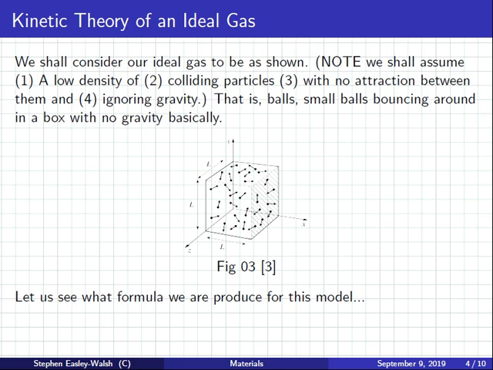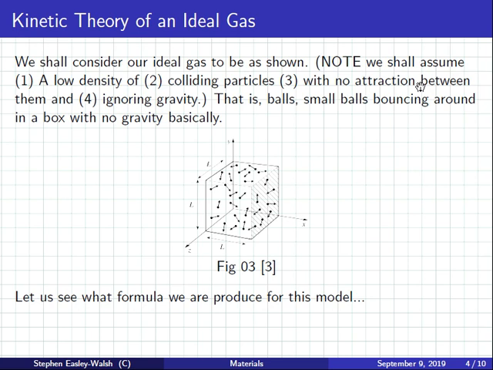In the exam, what they sometimes ask the students to do is to give 2 or 3 assumptions about the ideal gas. So I've given you 4 here, but usually the first 3 is what they like to see, that there's a low density of colliding particles with no attraction between them. Okay.